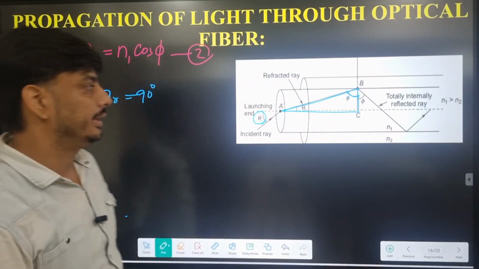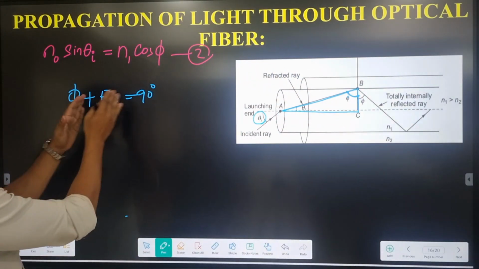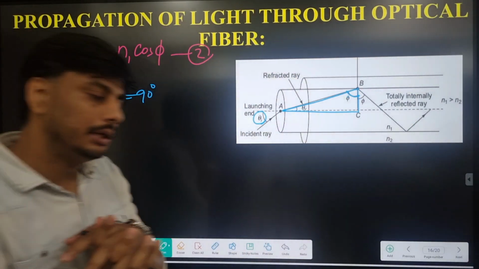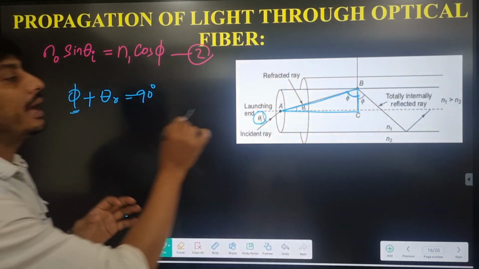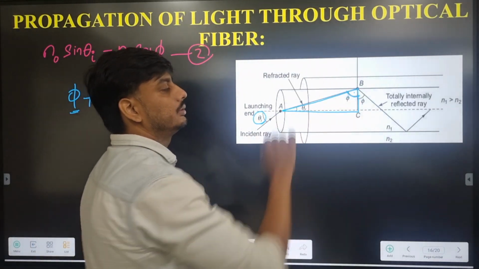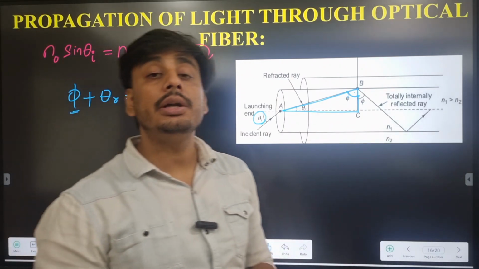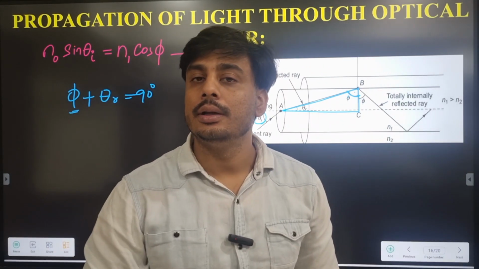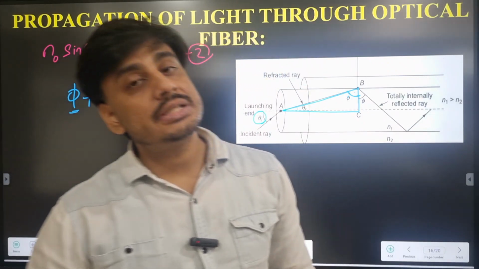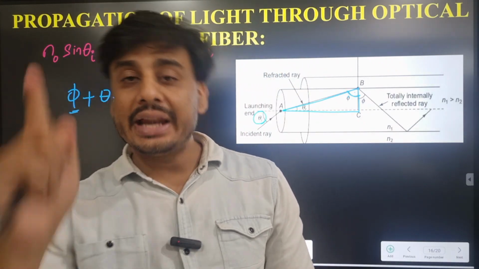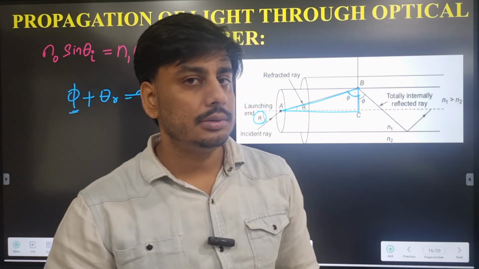So try to understand one thing. A plus B equal to 90. Clear? Phi is here, the angle of incidence at point B. B is nothing but the interface between core and cladding. In order to do total internal reflection, the angle of incidence must be greater than the critical angle.